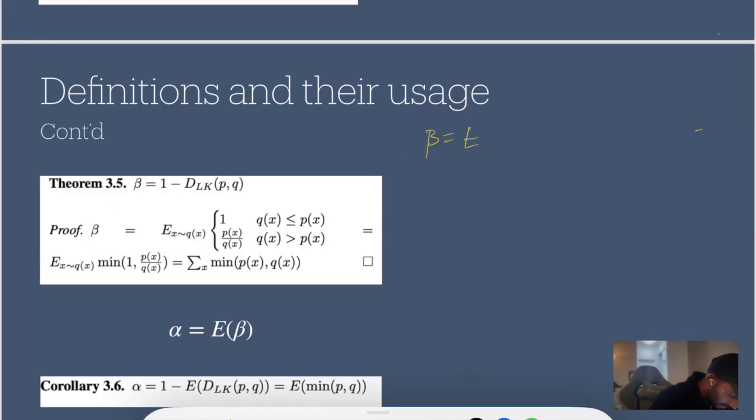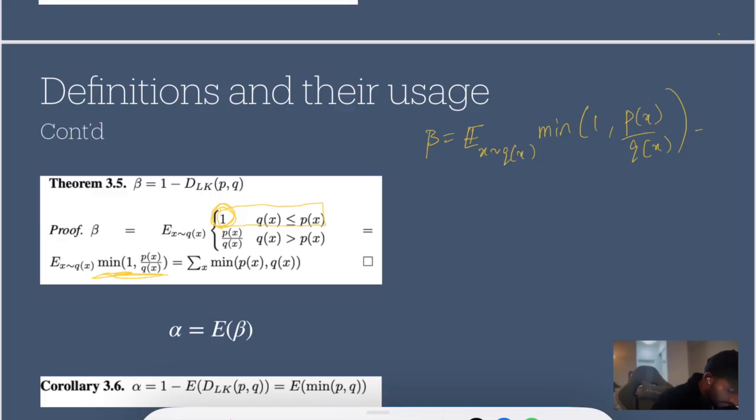The following quantity here, the expectation of X sampled from Q of X, of the minimum of 1 comma P of X by Q of X. Now, why is that true? Because if you take a look at this, when P is greater than Q, then the ratio P of X over Q of X is greater than 1. So when P is greater than Q, you're going to get a 1 out of this term here.